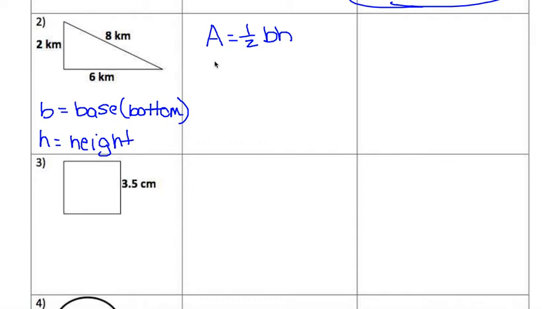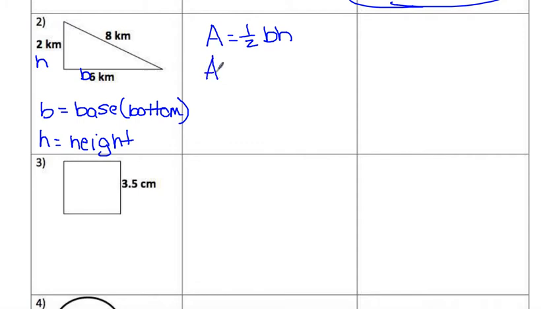So if we come back to the formula and we look, we need a base and a height. So the base we know is the bottom, so that's going to be the B we're going to label. And the height is how tall the triangle stands, so that's going to be 2, not 8. When you are measured at the doctor for how tall you are, you don't lean over and lean sideways for them to measure how tall you are. You stand up nice and straight and tall.